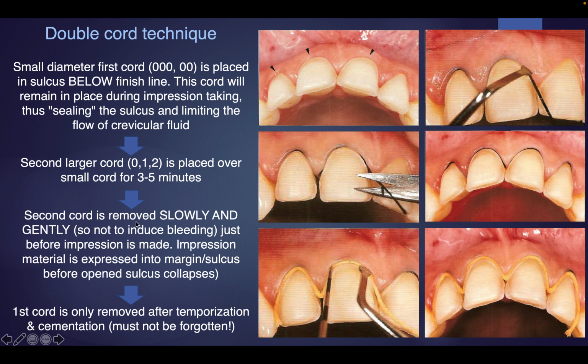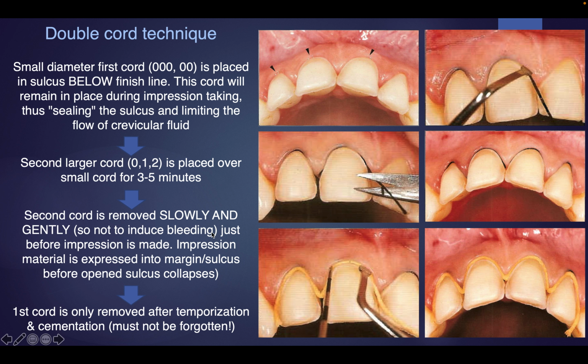The second cord, you leave it in place for 3 to 5 minutes, depending on the manufacturer instruction of the hemostatic agent. Some of the hemostatic agents you have to leave longer, some shorter. So when you come to the impression taking time, you need to remove the second cord slowly and gently. Why slowly and gently?